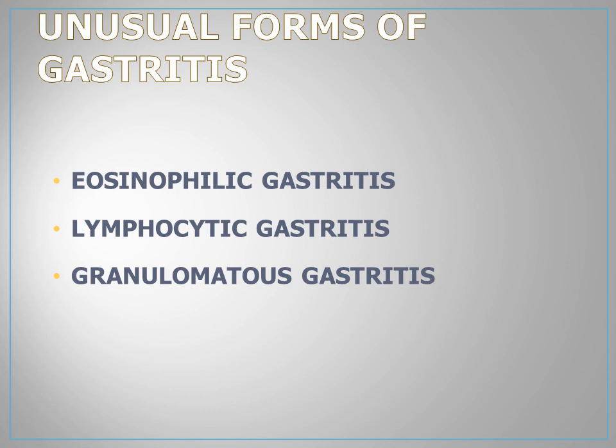Lymphocytic gastritis can appear due to causes other than H. pylori. Other bacteria may result in the development of lymphocytic gastritis. Granulomatous gastritis can be associated with TB or Crohn's disease, and you will find numerous epithelioid granulomas in case of granulomatous gastritis.